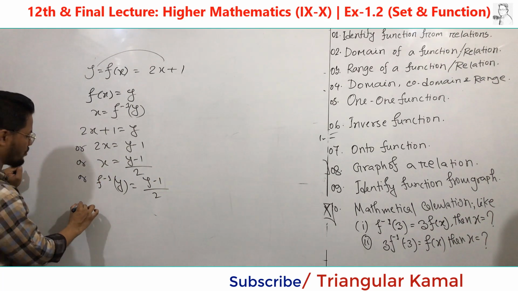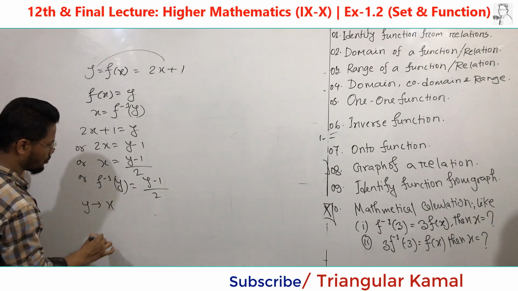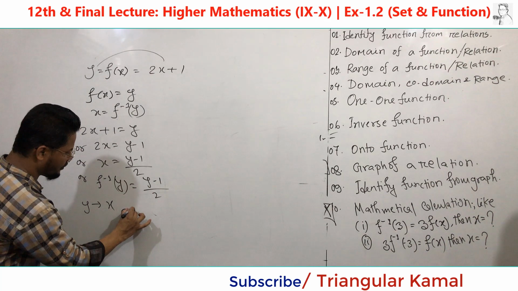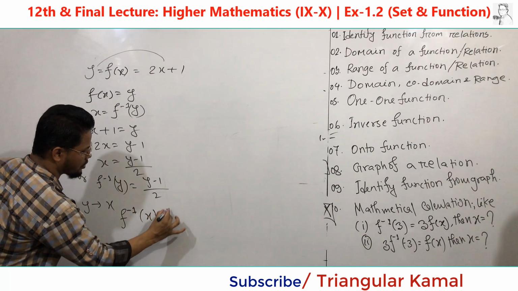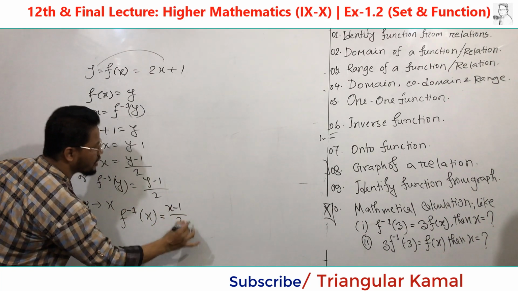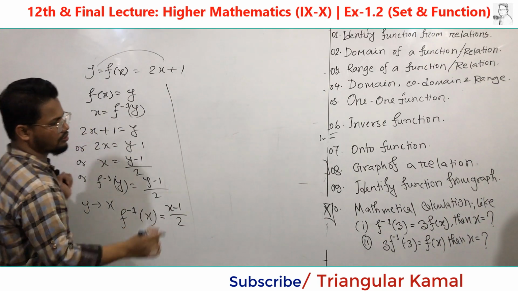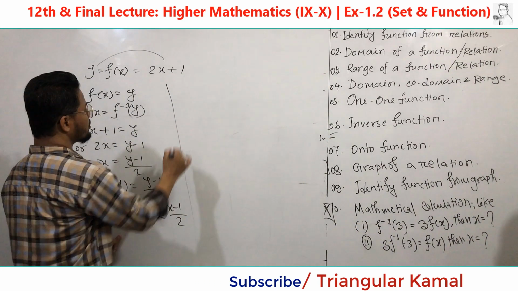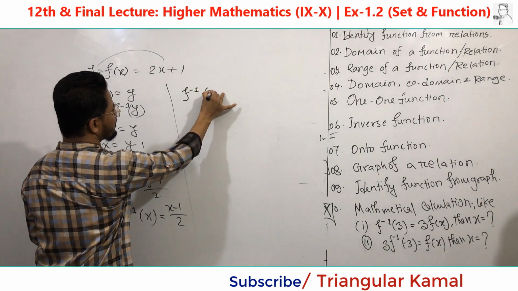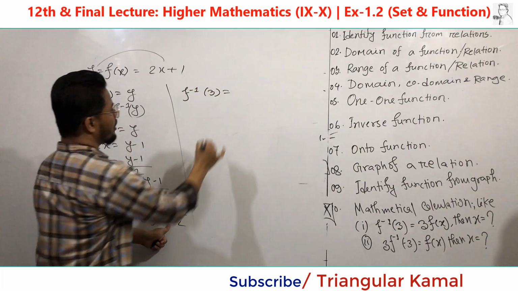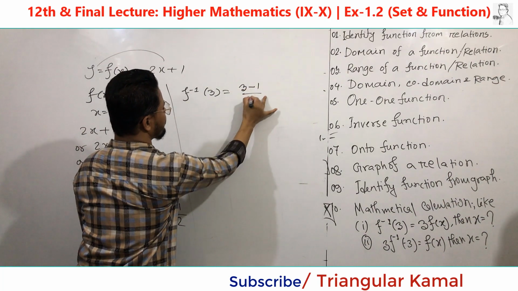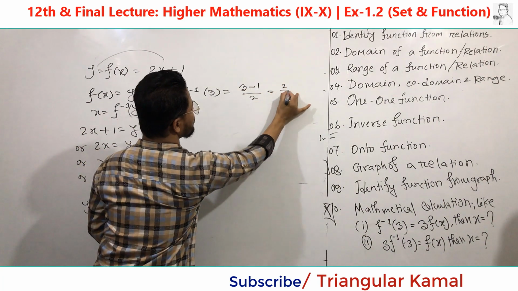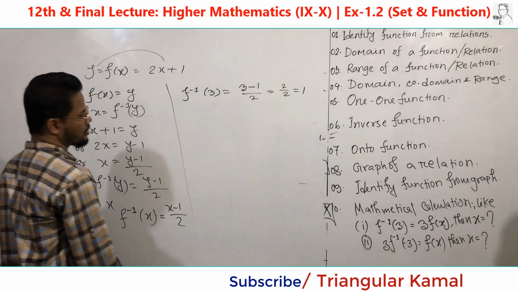Now changing the variable y to x, we will get here f inverse x equal x minus 1 divided by 2. Now just find this one, f inverse 3. So now f inverse 3 will be 3 minus 1 divided by 2. This one is 2 divided by 2 equal 1.